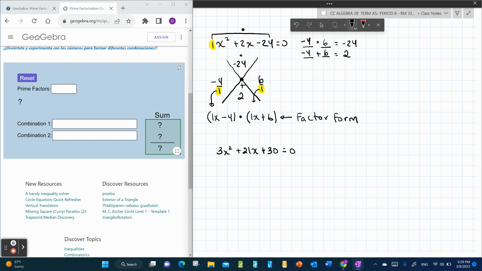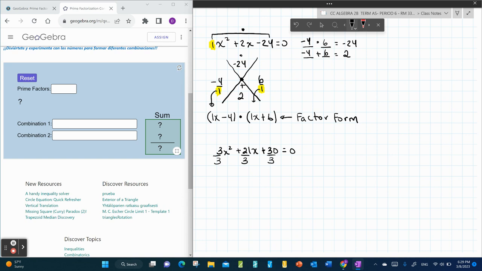Now, if I notice that the number in the front will easily divide each of the other numbers, I would rather do that step so I don't have to deal with such big numbers. So I'm going to divide everything by 3. We've done this technique in the past.